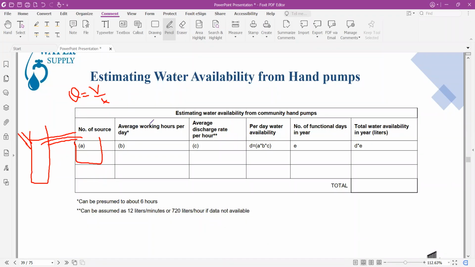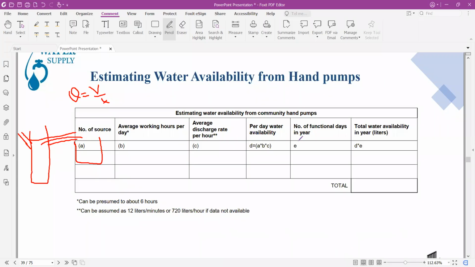So you should also note the average working hours per day. If you don't have any data about that, you can assume 6 working hours per day. Based on these two values, you can calculate the per day water availability and the number of functional days in a year.